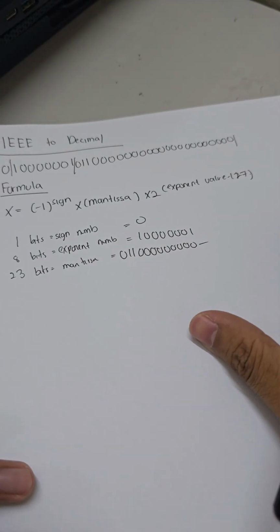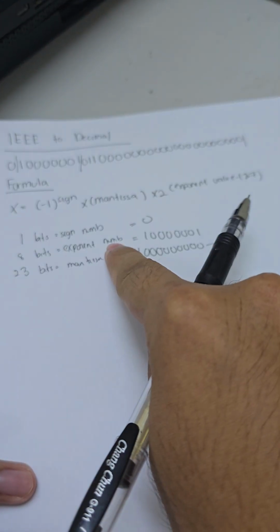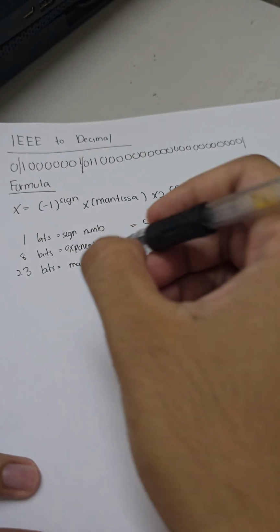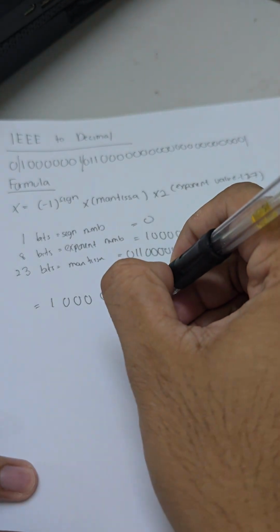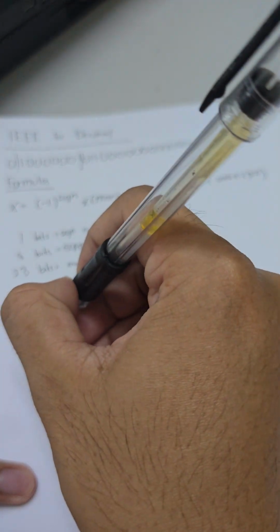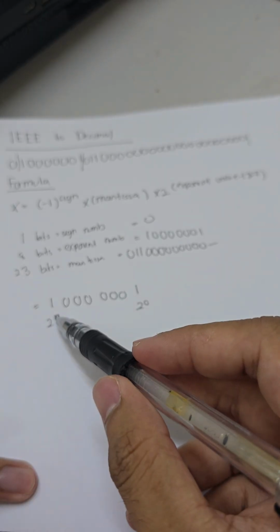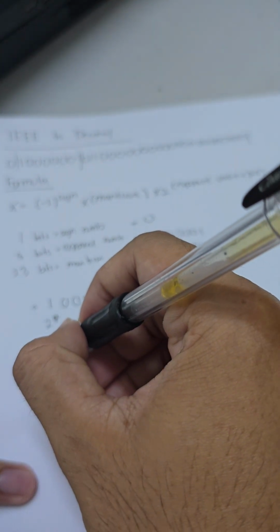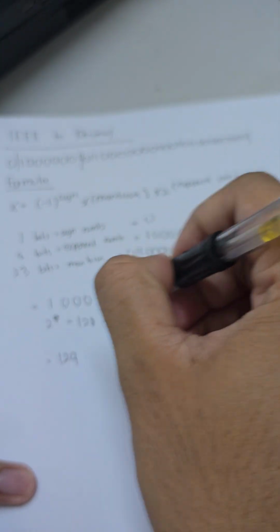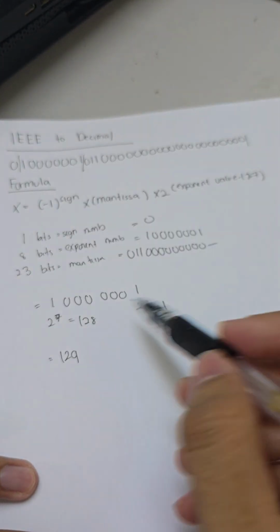First we need to change this exponent number into decimal. So 10000001 is 1 times 2 to the power of 7 plus 1 times 2 to the power of 0. That is 128 plus 1, which is 129.